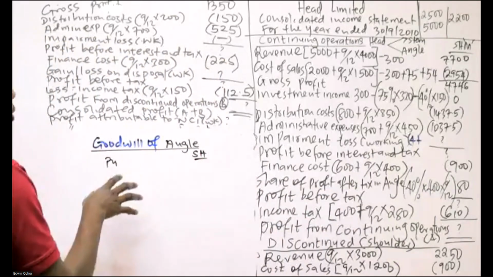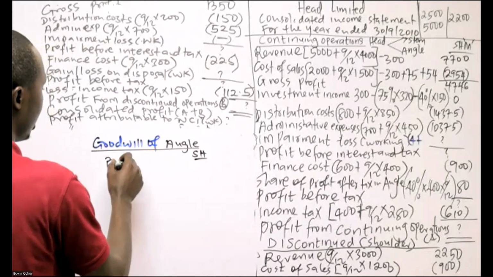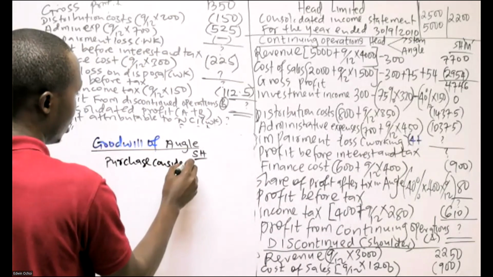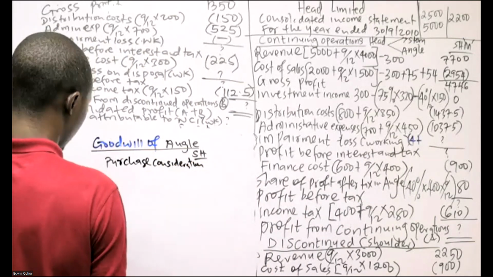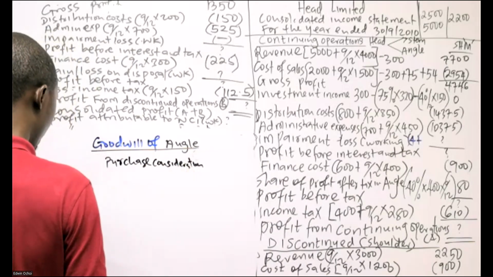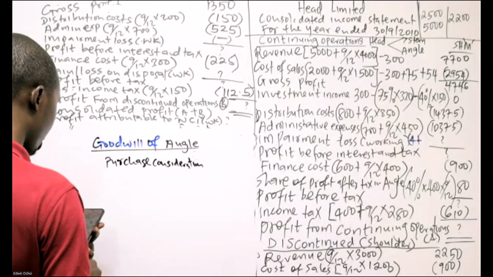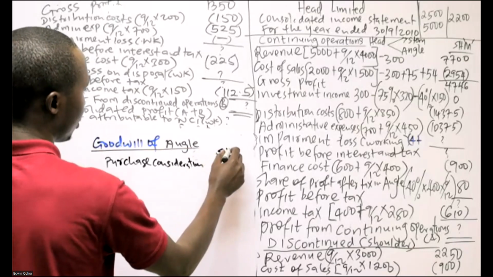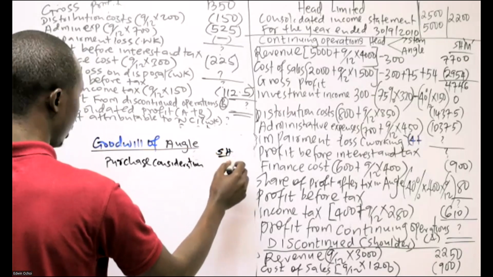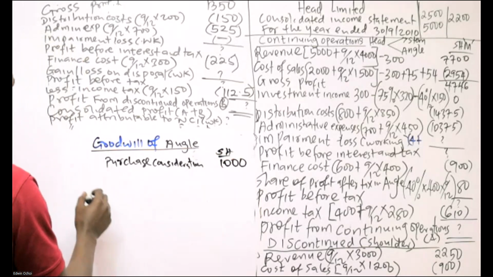So now I'm going ahead to do the goodwill of Uncle. So I say purchase consideration. When they were purchasing this Uncle, they paid how much? $1,000, the cost of purchase, not 2.